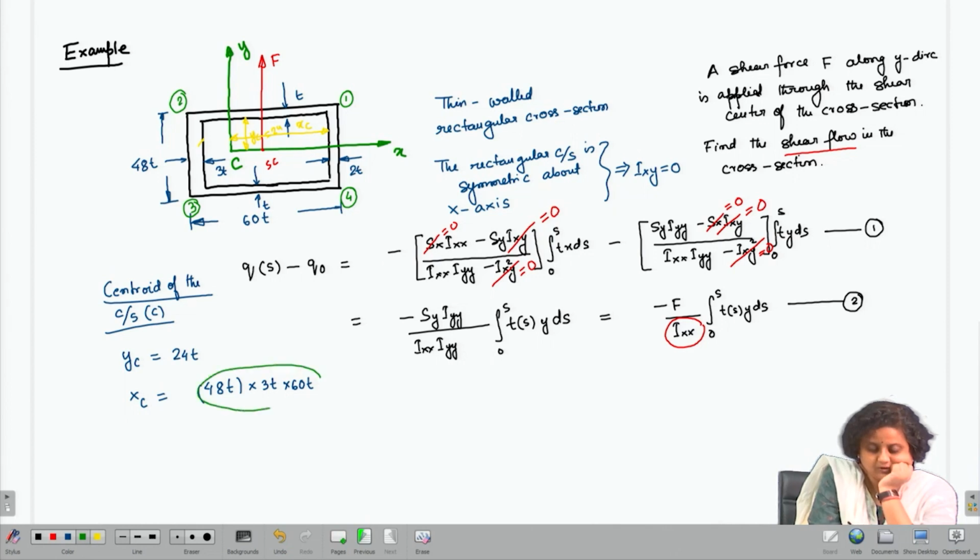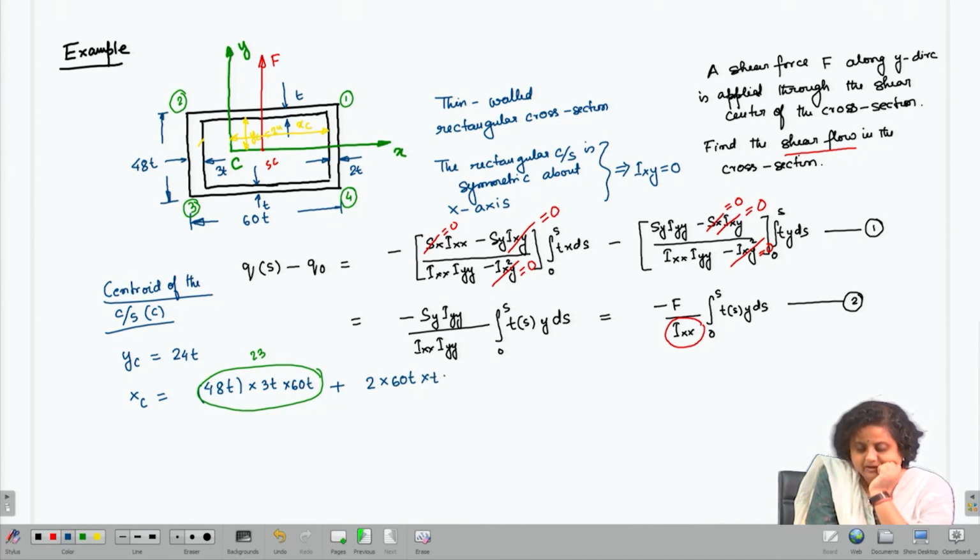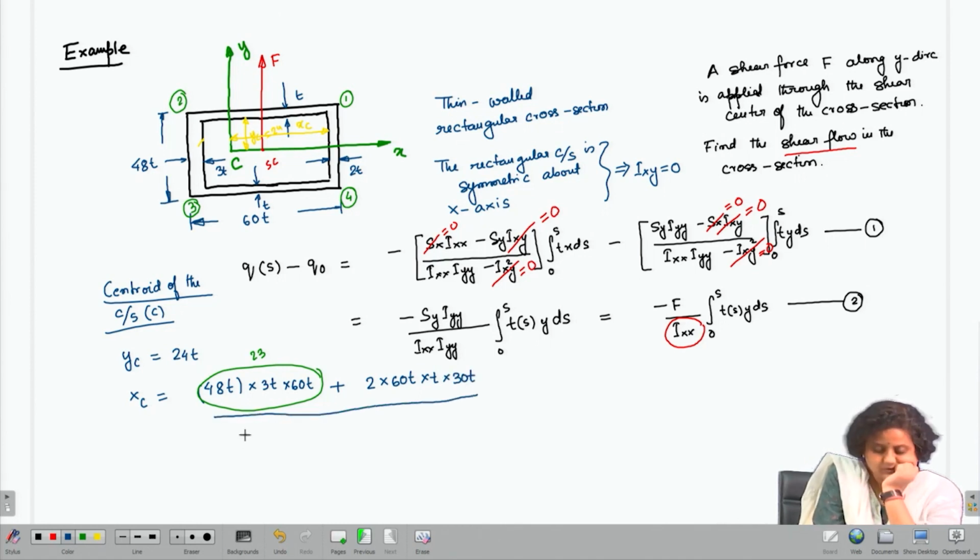So, this is for portion 2 3, plus I will have the top and bottom flange: 2 into 60 t into t into 30 t, divided by the total area, which is 2 into 60 t square plus 48 t into 3 t plus 48 t into 2 t.